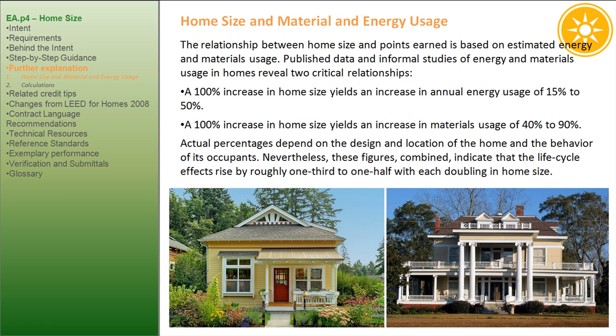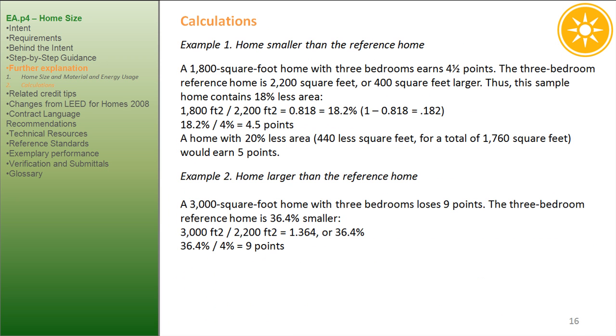A 100% increase in home size yields an increase in materials usage of 40% to 90%. Actual percentages depend on the design and location of the home and the behavior of its occupants. Nevertheless, these figures, combined, indicate that the life cycle effects rise by roughly 1/3 to 1/2 with each doubling in home size.